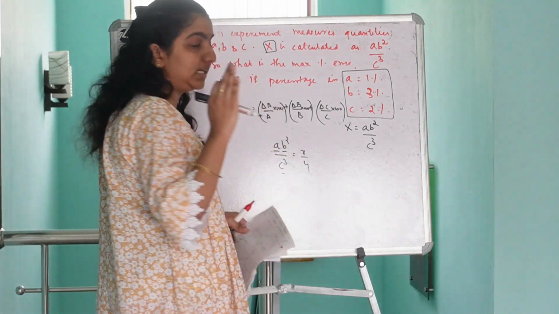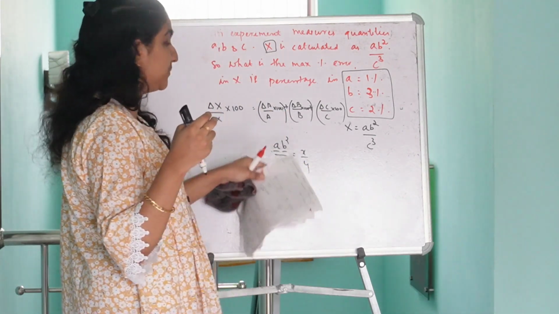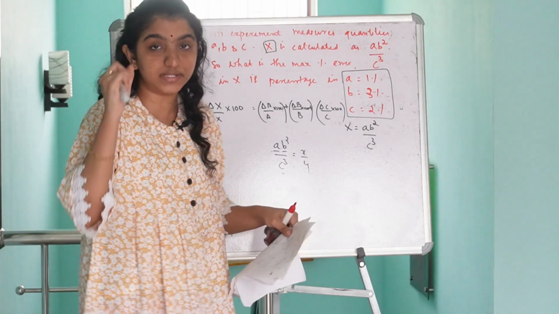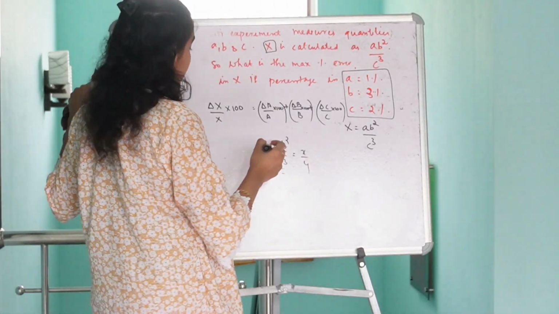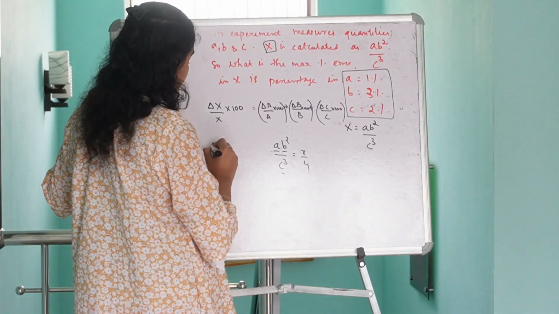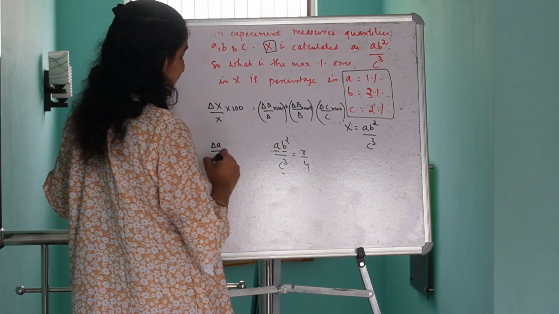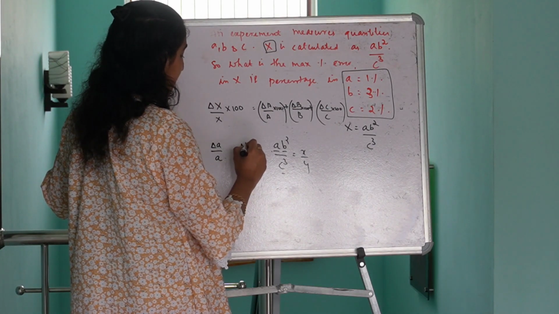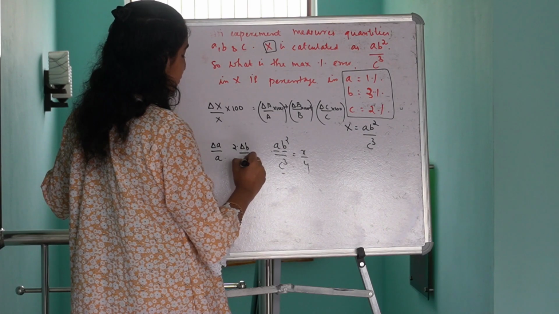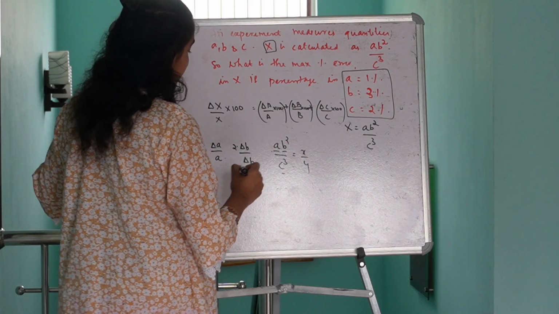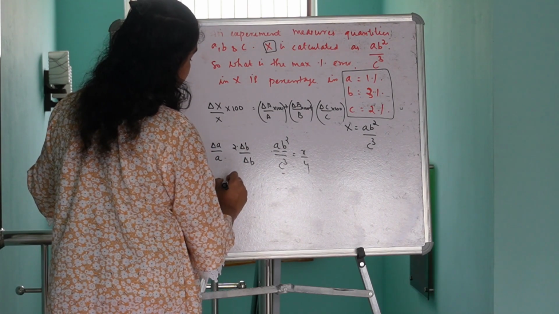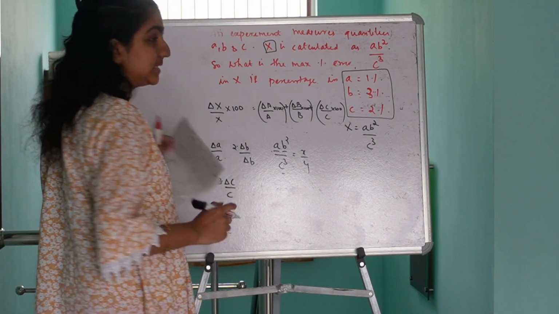Here we have three terms having power value. So first I am going to consider individual terms A, B and C. First the relative error in A, that is del A by A. Next the relative error in B, that is 2 into del B by B. Again the relative error in C, that is 3 into del C by C.